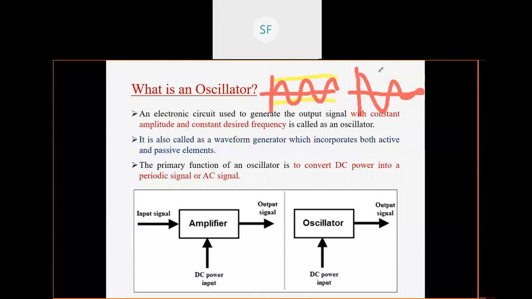You don't want this type of oscillations at the output. Whenever we talk about sustained oscillation, it means you want oscillations with constant amplitude, and it should not be damped, D-A-M-P-E-D, damped oscillations. We don't want this. Again, there is another type of oscillations that we don't want.